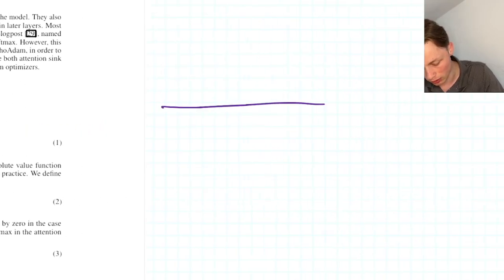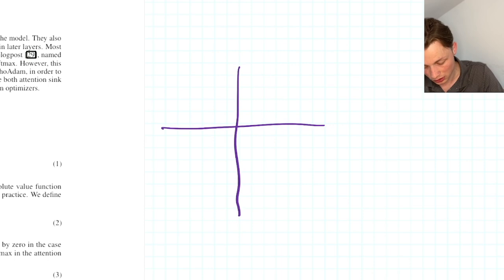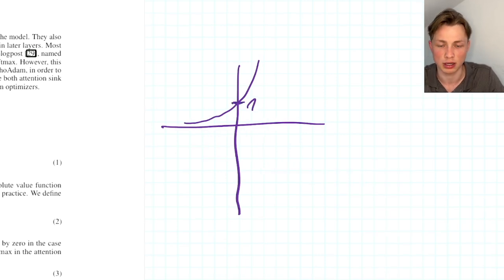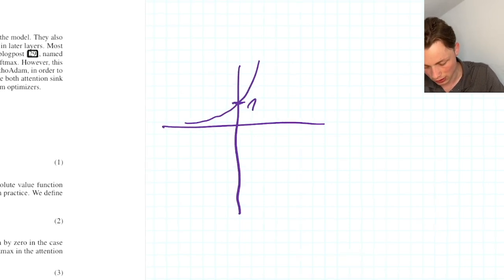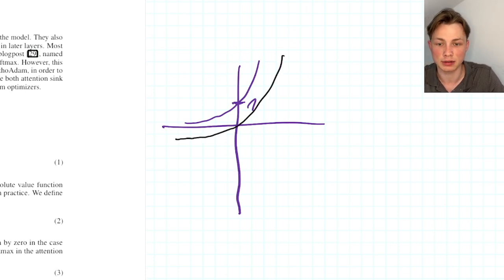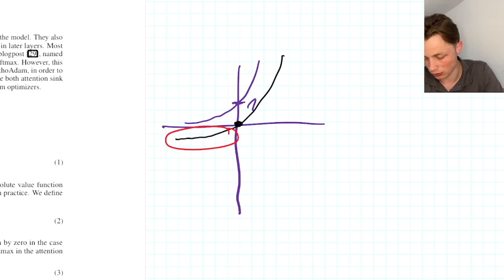So normally we have our exponential function, and the exponential function goes like this, and it's not at the origin. If we're now subtracting 1, we are shifting it towards the origin, and now it goes through it, so it looks more like this. And we now have negative values, and if we now put the ReLU function on top of this, the result of our numerator looks like this.